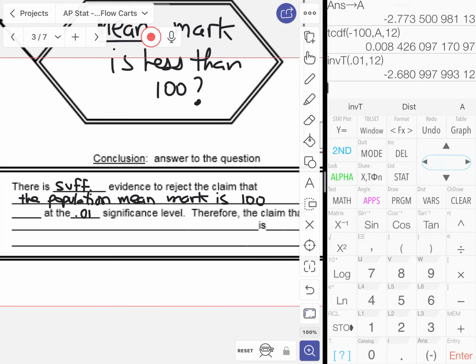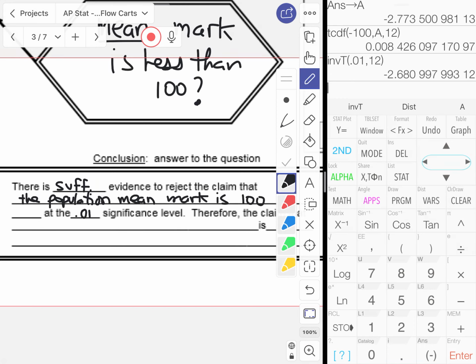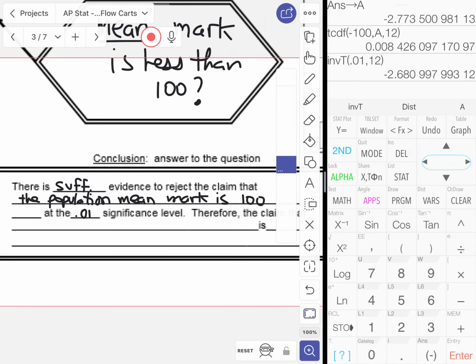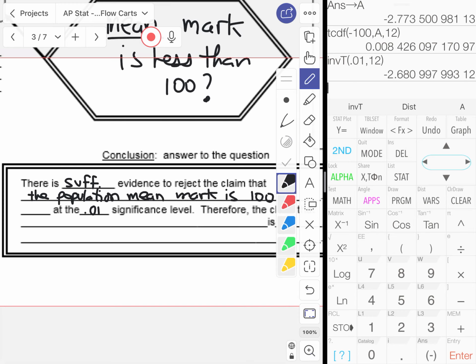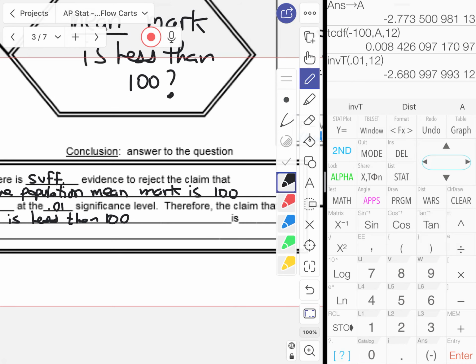Therefore, the claim that it is less than 100 is going to be true. Probably wrote too small there, but it matters not.